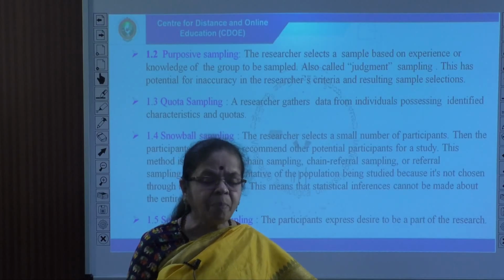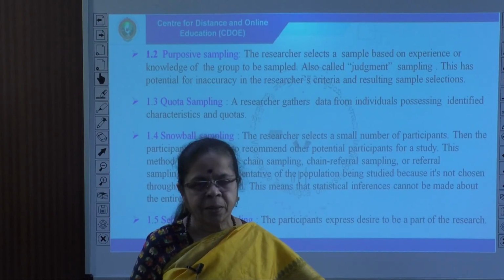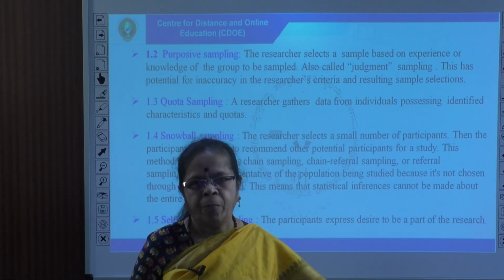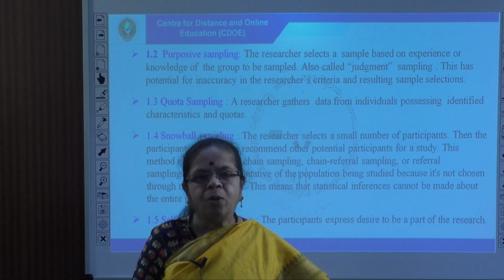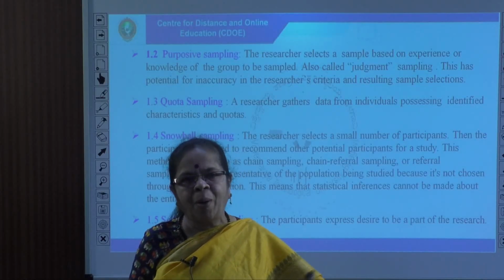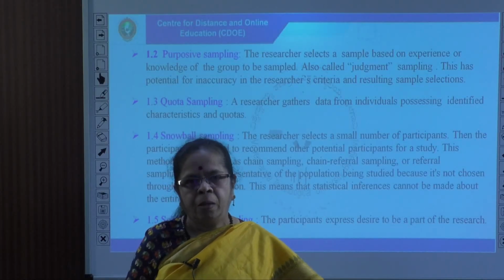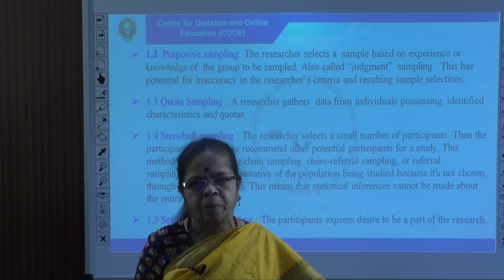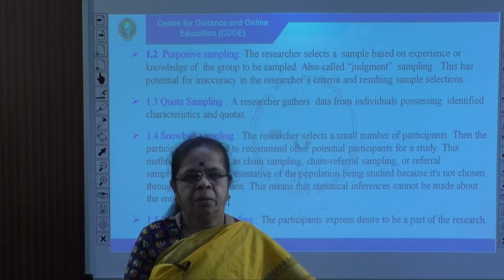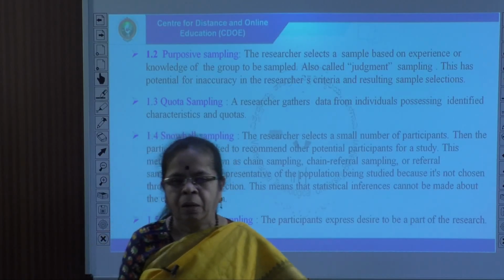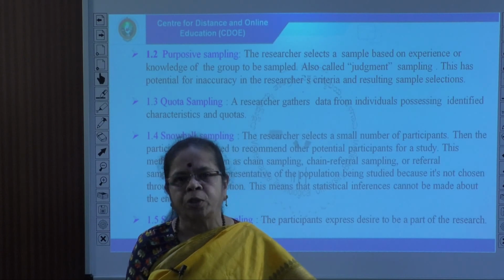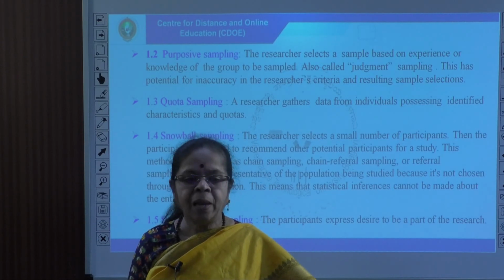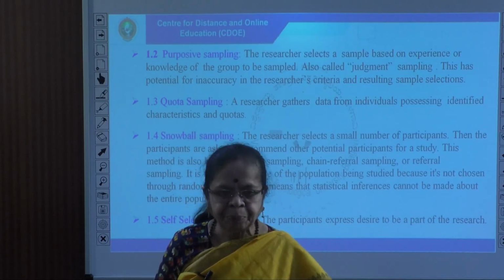First they advertise to the public or a group of people, and whoever is willing comes and becomes part of the study. Maybe a company has found a new drug for cancer. So they'll say, cancer patients, you can come forth and be a part of the trial studies. That is called self-selection sampling.